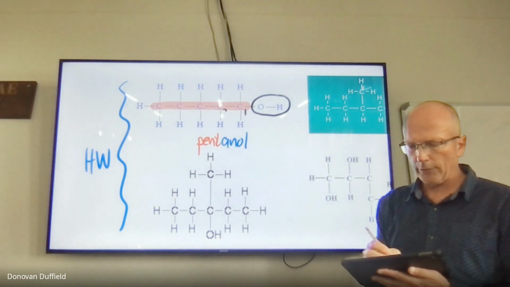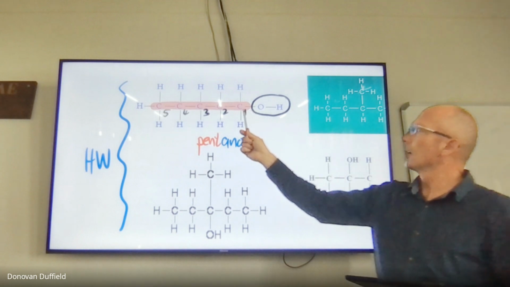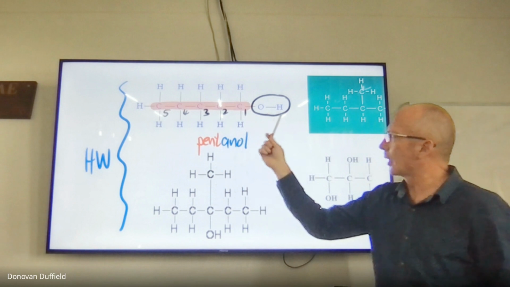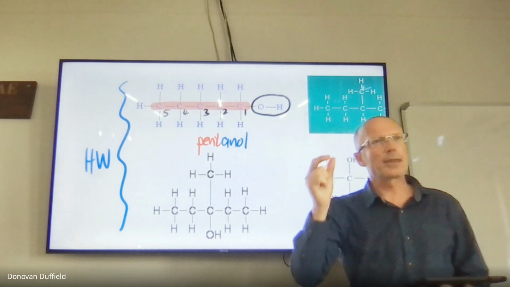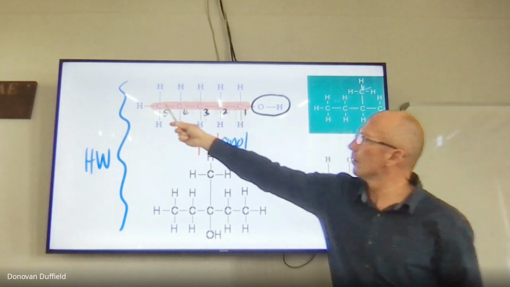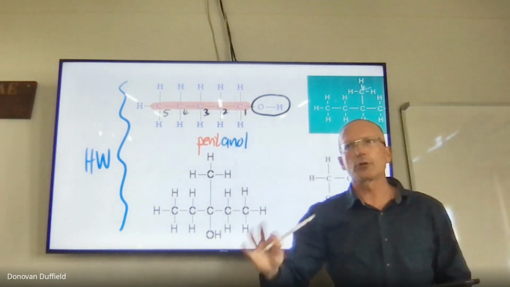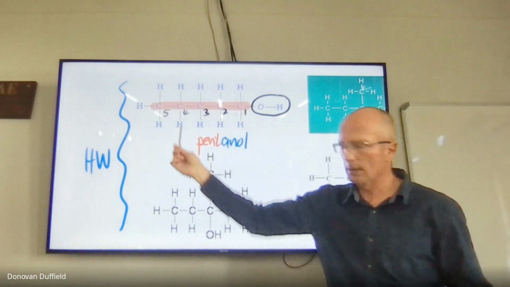So we're going to number from left to right, because with pentane 1-ol, the number that we use as the descriptor is lower than if we numbered the other way. 1, 2, 3, 4, 5, pentane 5-ol. So we don't use that numbering. We use this numbering.